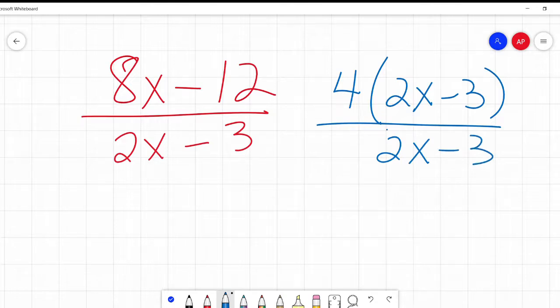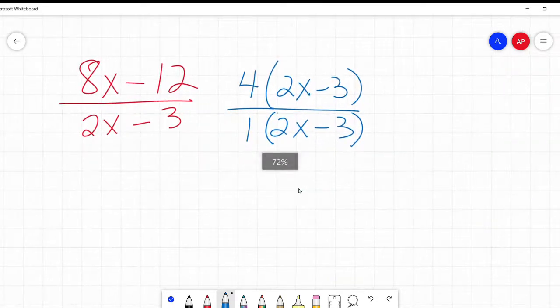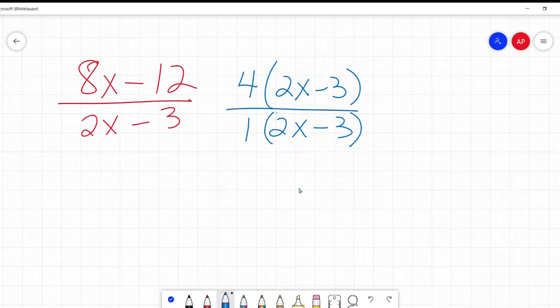This is a situation I wanted to show you. So you go like, well, can I cancel? This isn't being multiplied by anything. In those scenarios, here's how you can visualize it. It is all that times 1. So if putting everything in parentheses and saying it's times 1 makes it so now you can cancel, please do that.